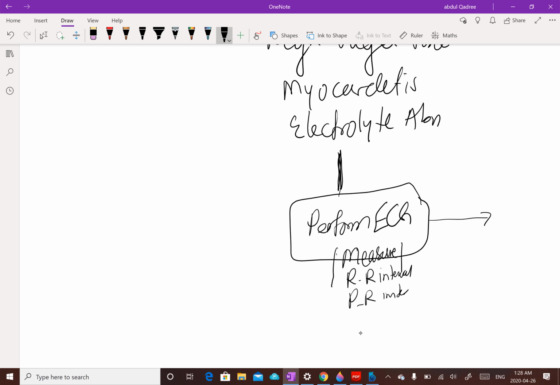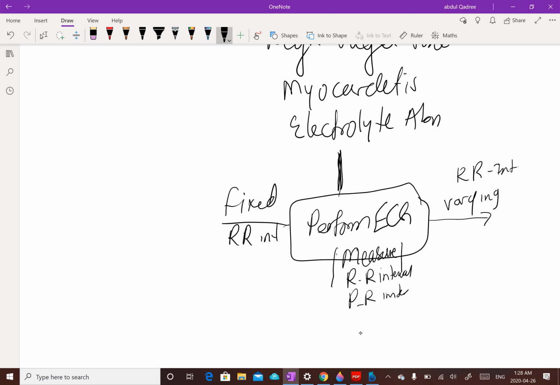So let's say you have varying R to R intervals, or you have a fixed R to R interval.